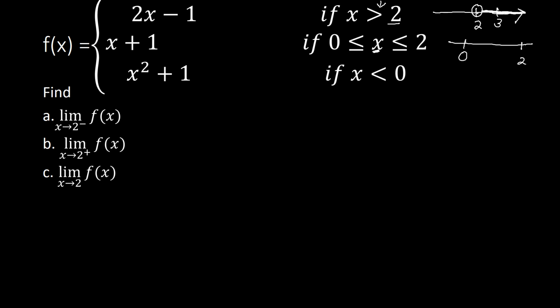We start with 0, which is included because we've got an equal symbol in here, so this should be a closed one. We move towards 2, which is also a closed one because we've got an equal symbol on that one. So the values we are considering are the values found in the middle, with 0 and 2. Those are the possible values of x on the second function.